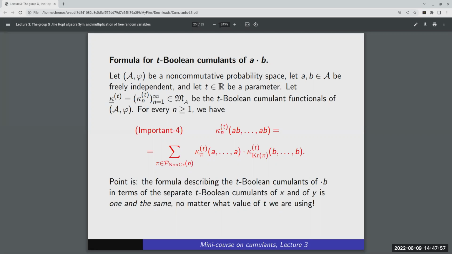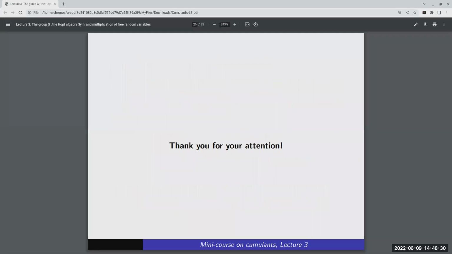But surely direct combinatorial proofs must be possible, because remember, these T-Boolean cumulants were defined by taking T to the number of inner blocks of a partition, so it's lots of discussion with pictures with inner and outer blocks. Anyway, I find this quite intriguing and promising, that you can use different types of cumulants to get at the study of free random variables. And that's it, that was my thing for the day.